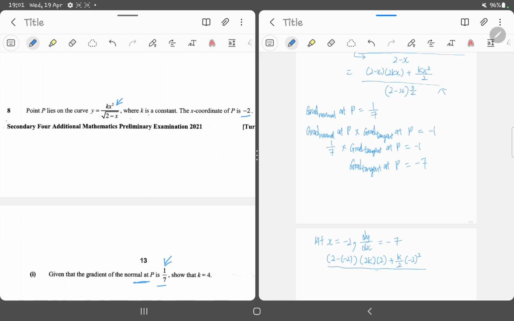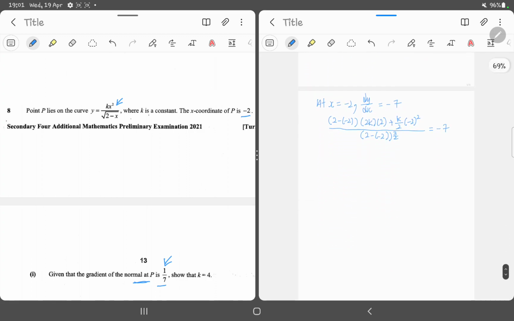This whole thing divided by 2 minus minus 2 whole thing to the power of 3 over 2. This equals minus 7.